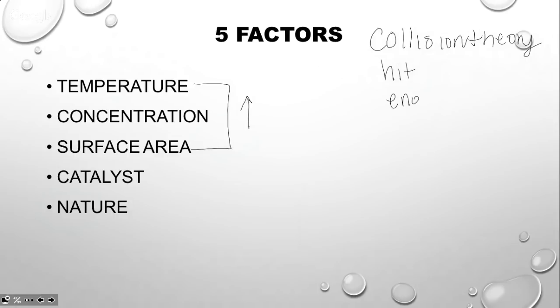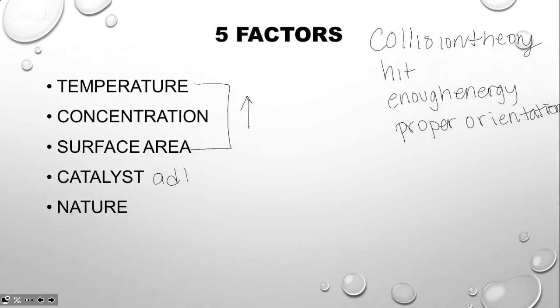They must have enough energy, and they must hit in the right spot, which they call proper orientation, in order to lead to a reaction. So increasing concentration, temperature, and surface area leads to more effective collisions, making the reaction go faster.